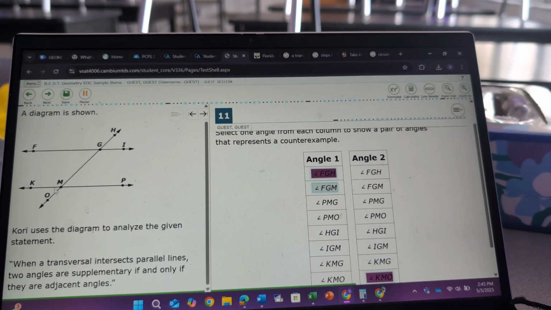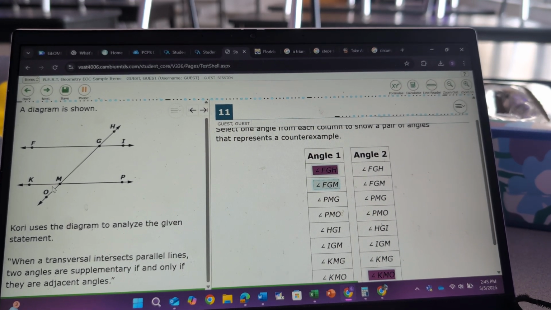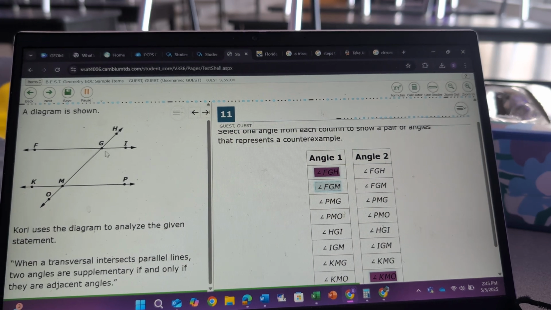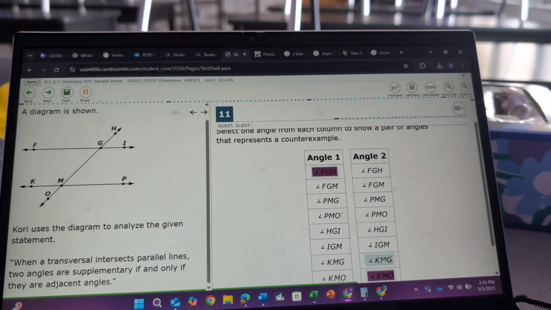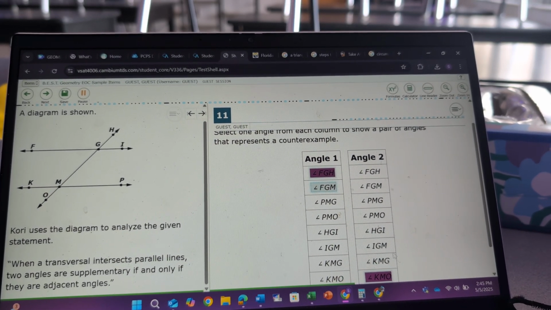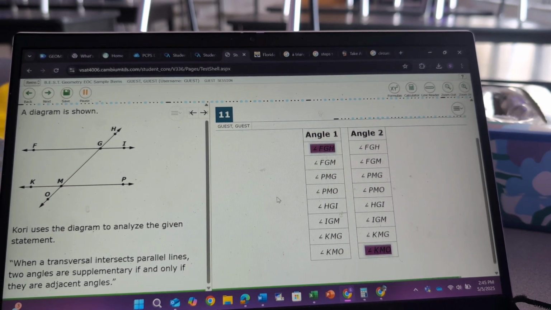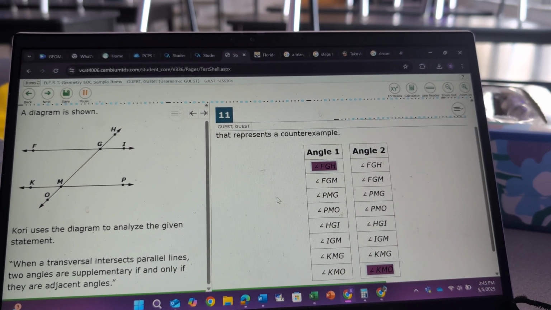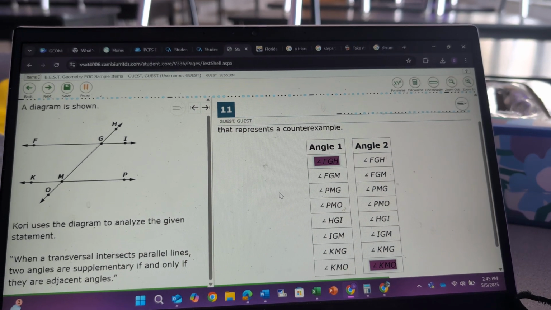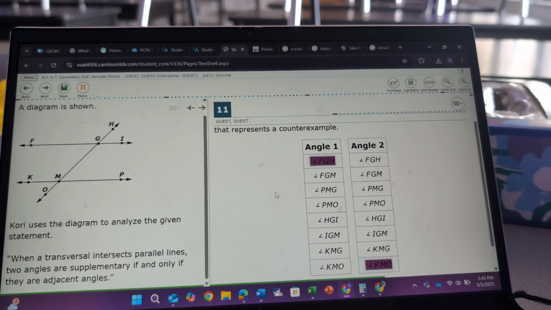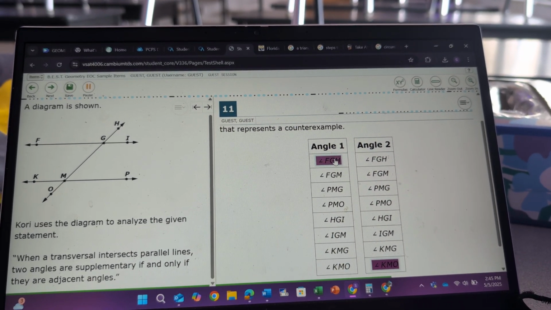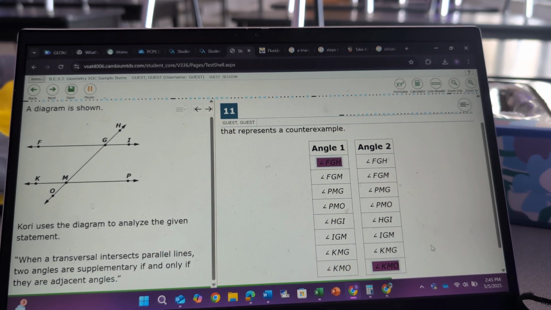We already did KMO. Oh, corresponds to KMO. So KMG then would be the one that would match to, okay? You only have to do one, but there are a whole lot here that you could highlight. I'm going to go ahead with those two because it was the first ones that we saw.